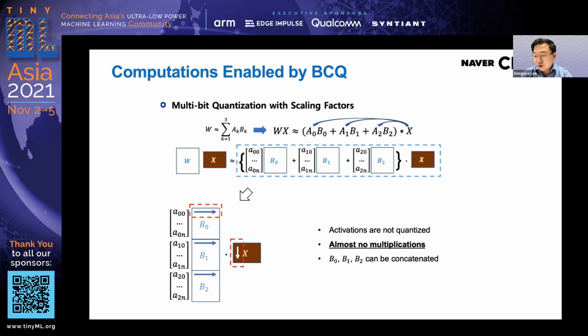Now what happens is that we have almost no multiplications except for a few scaling factors, because a binary matrix just affects the sign of each activation value of X. Overall, BCQ enables unique computation forms, and the fact that the expensive multiplications are not necessary is a big plus for us.